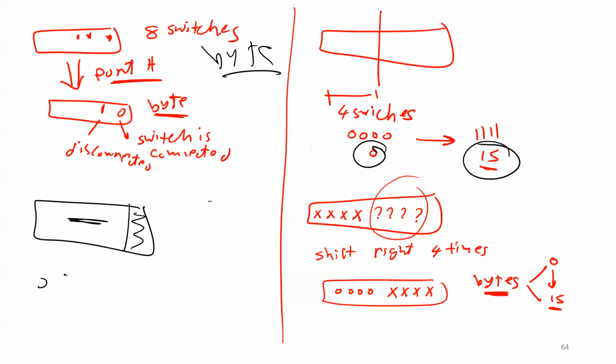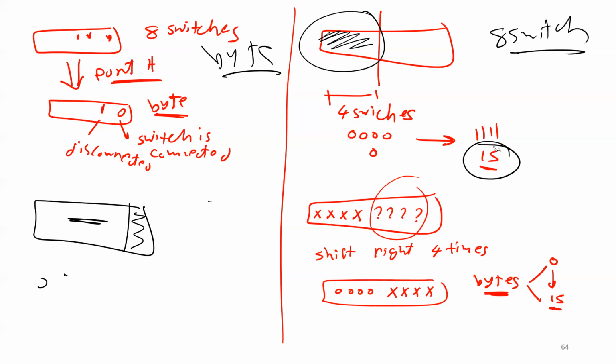So the way I asked you to do in this lab is, I have here 8 switches. I told you the user is going to use these 4 switches to enter a binary number from 0 to 15. If the user enters 0, 0, 0, 0, that means it's number 0 for these 4 switches.